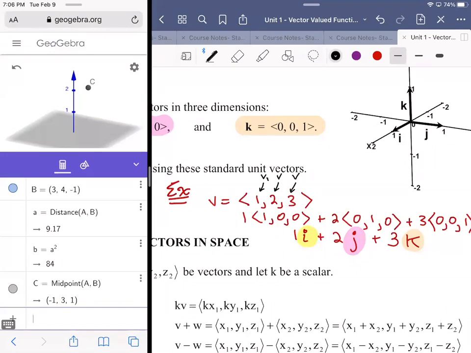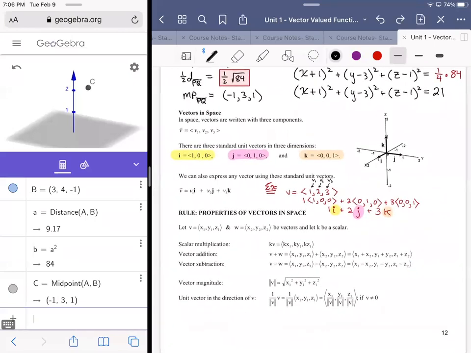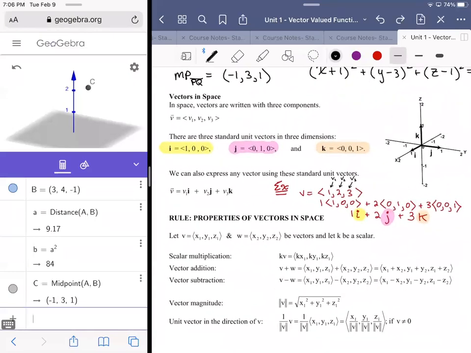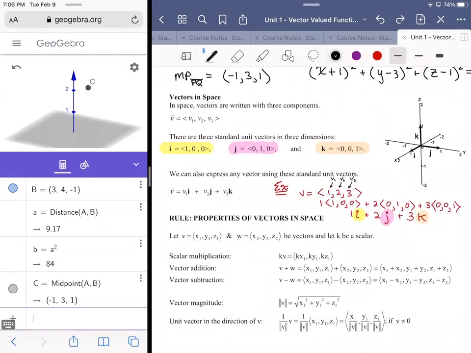So the first one is v1, the second one is v2, and the third one is v3, not because the numbers are 1, 2, and 3, but because they occupy position 1, 2, and 3. Okay? So it's a very simple idea, but I figured I would make mention of that because people have struggled with that in the past.